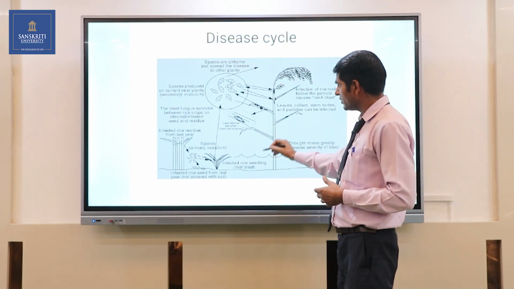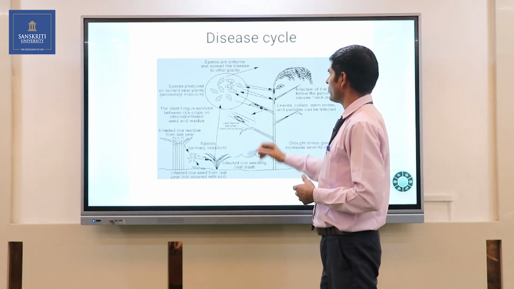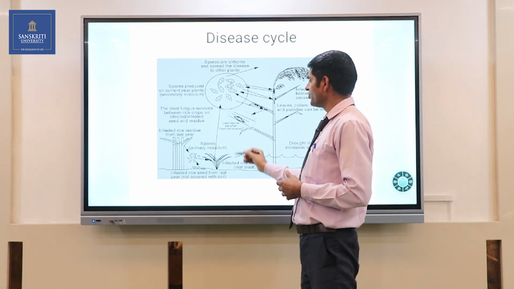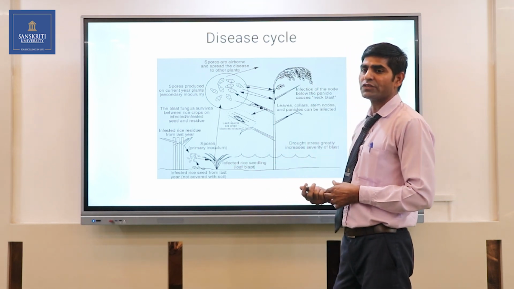So here you are looking, these are the conidia. The conidia survive in the soil. From these conidia the germ tubes come and these conidia infect the saplings, the new saplings of the rice plant.